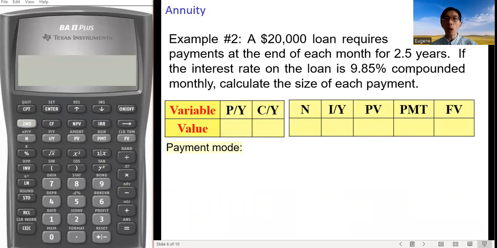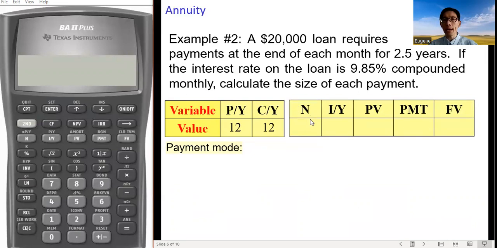The frequency PY, the number of payments per year. The payments are made each month, so PY is 12. CY, the interest rate is compounded monthly, so CY equals 12.